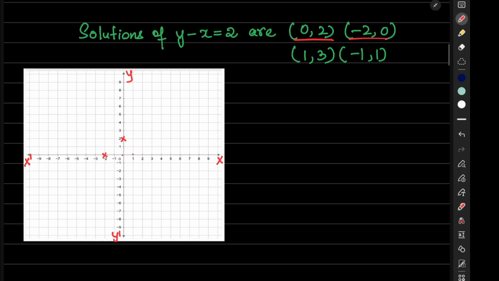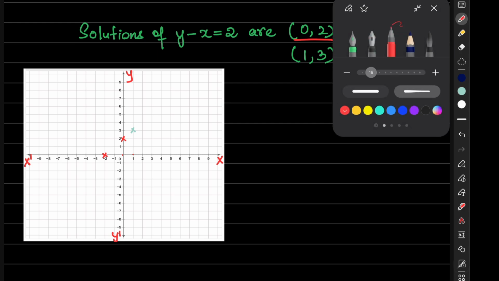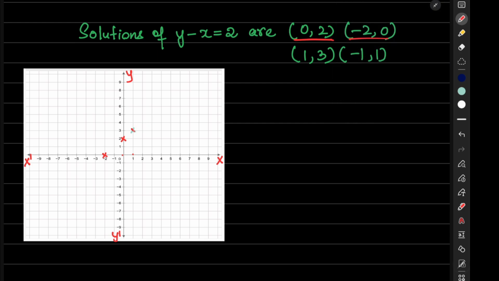The next point is 1 comma 3. This is your point, 1 comma 3. Let me again use my red. The next one is minus 1 comma 1, which is here. So these are the points.